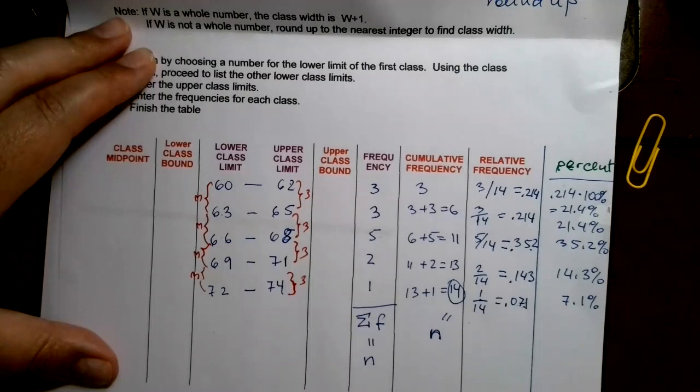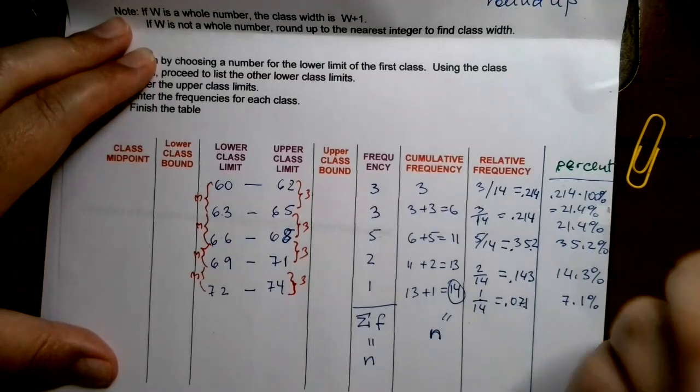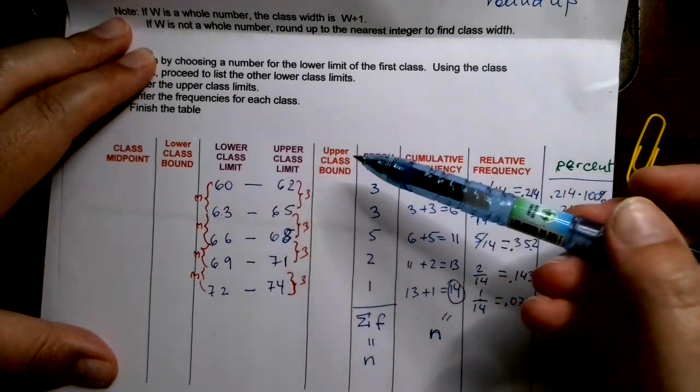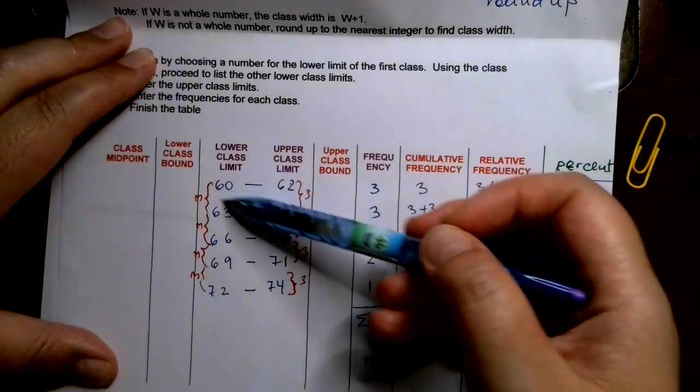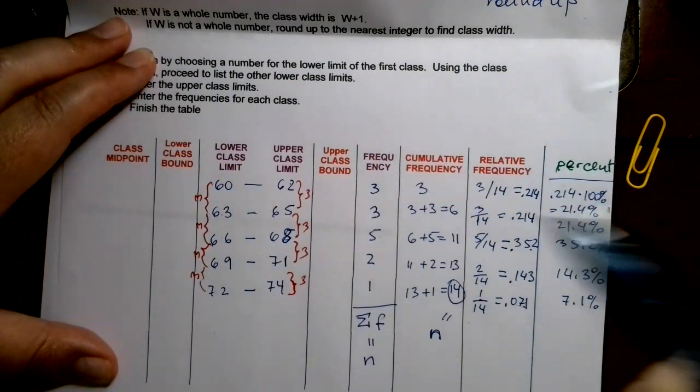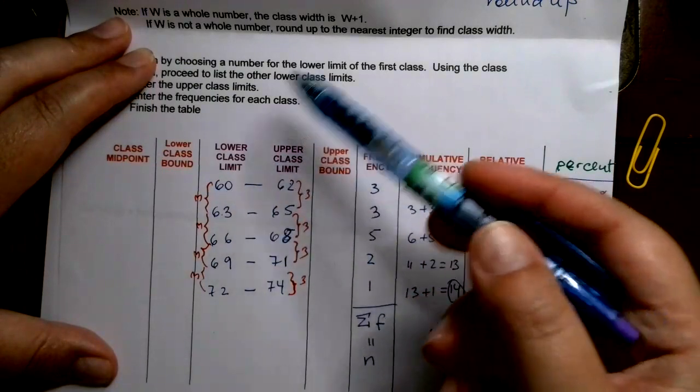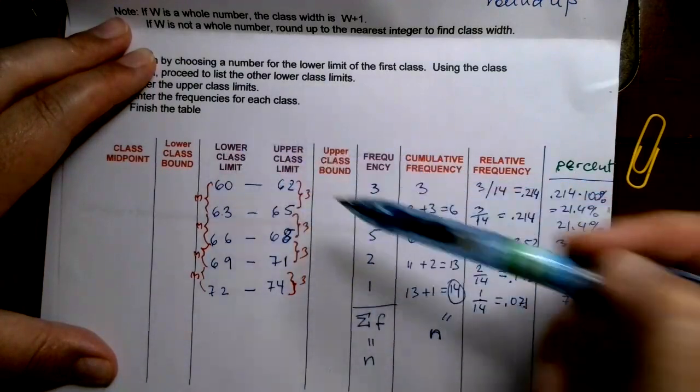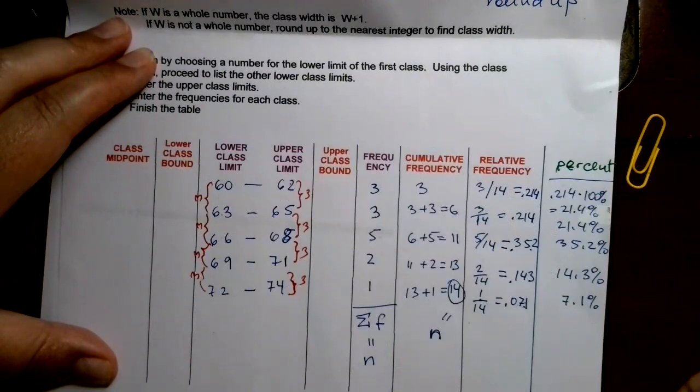So when performing calculations, you're going to assume that all of these values are the average of those values, and that's going to be our class midpoint. To find the class midpoint, you average the lower class limit and the upper class limit.